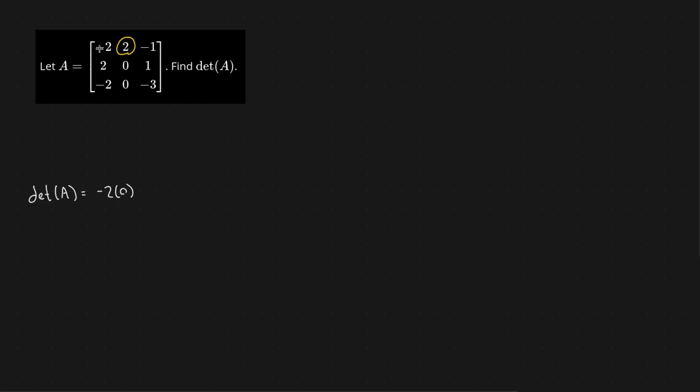And then I have 2, next element in the first row, and then take the 2 by 2 of what's left. I get negative 6 minus negative 2. Negative 6 minus negative 2 is negative 4.